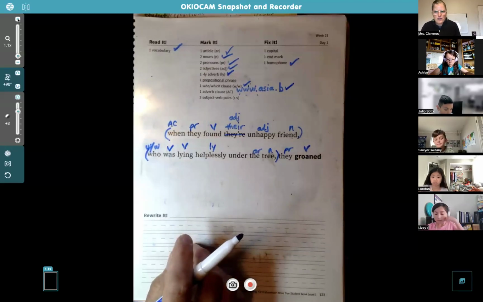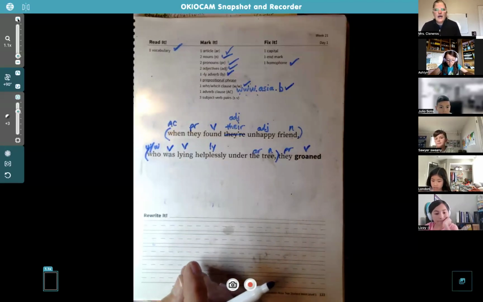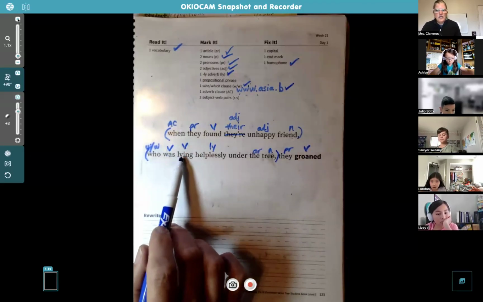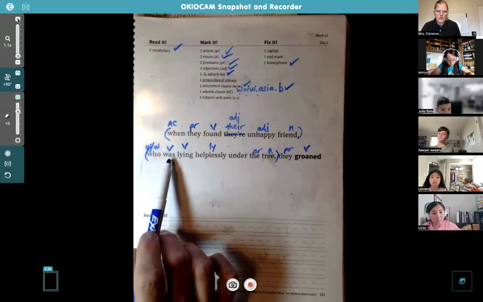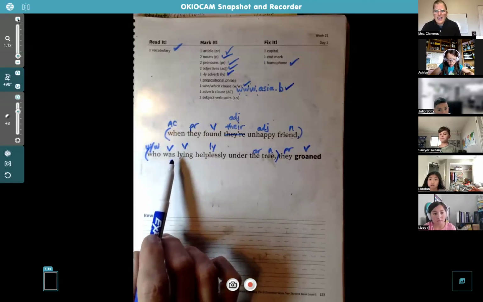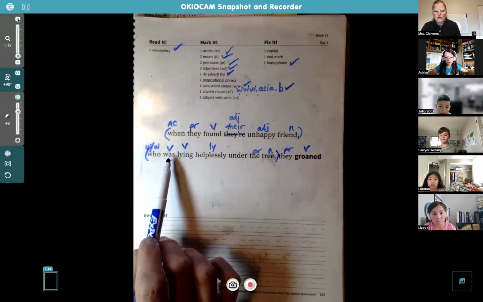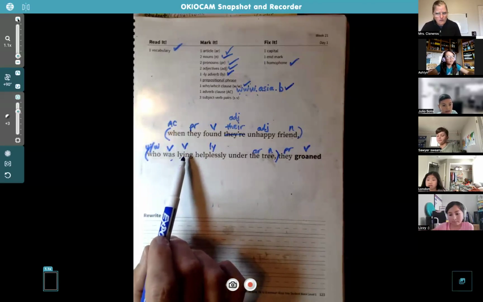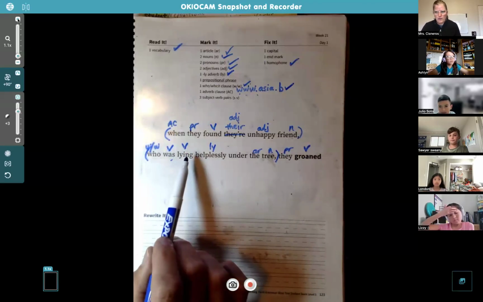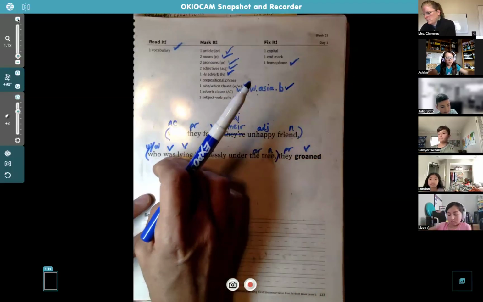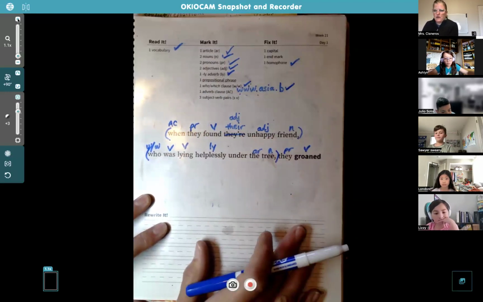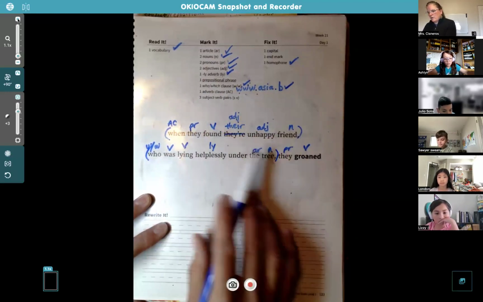Let me just remind you guys, helping verbs help other verbs. They're right next to them. They're helping them. And those are going to be like super small words like was or is or had or have or be. Those types of words right next to another verb are called helping because they're helping each other. Okay, so it's helping. That's one way to remember that. Okay. Subjects now. So London, what subjects go with these verbs?